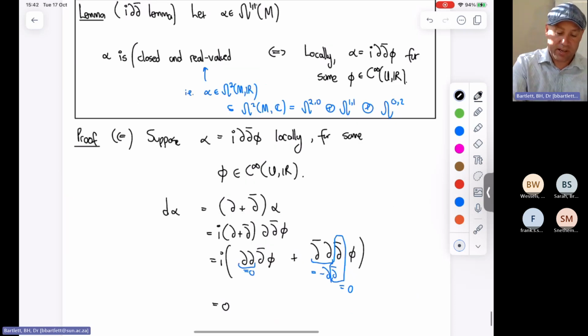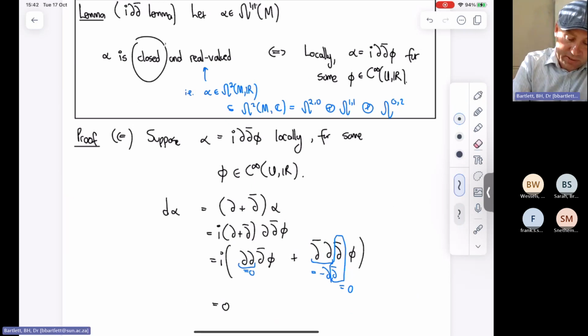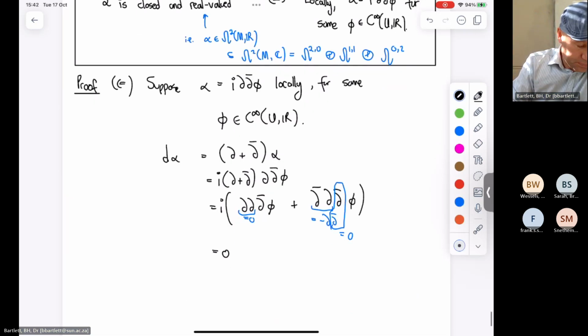So I've shown that alpha is closed. Now I want to show that it's real valued. To show that a form is real valued, I just take its complex conjugate, right?